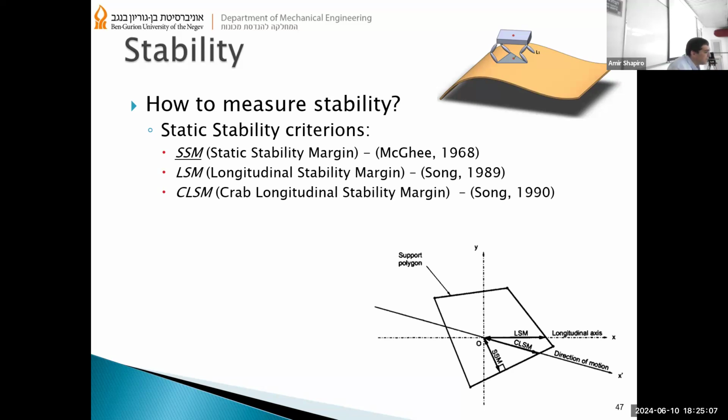The distance from the projection of the center of mass to the boundary of the support polygon. In different directions. Yes, exactly. SSM is actually the closest point, because there is no priority for different directions.